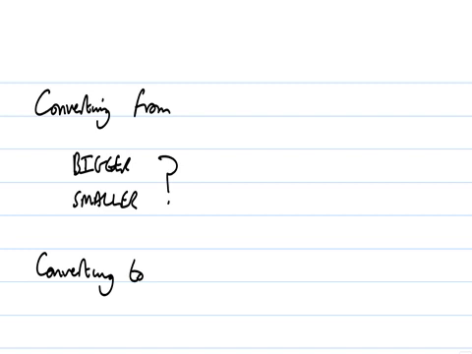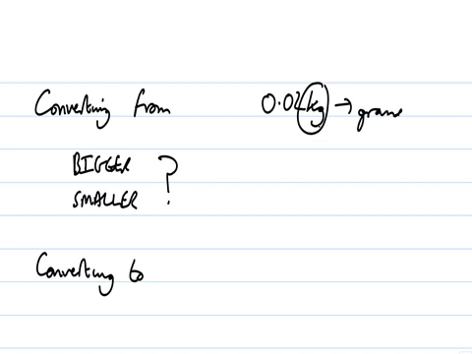So, for example, if we take the two questions that we've just gone through, 0.02 kilograms to grams. Ask ourselves the question, what are we converting from? We're converting from kilograms. Are kilograms bigger or smaller than what we're converting to? In other words, are kilograms bigger or smaller than grams?